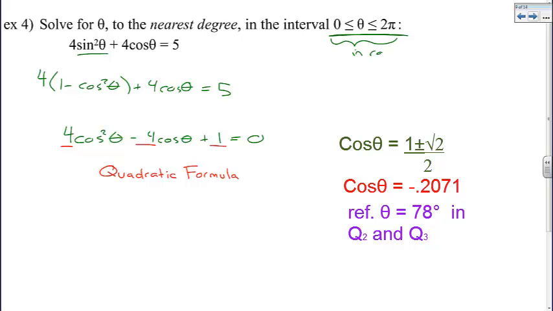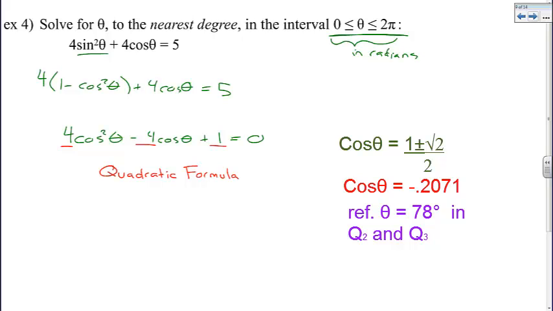I'll have a reference angle equal to 78 degrees in quadrant 2 and quadrant 3 because cosine, if you notice, is negative, and these are the quadrants where cosine is negative. Now, if you remember, we're told to solve for theta to the nearest degree, but we're also given an interval in radians. Well, if this happens, what you need to do is leave your answer in degrees.